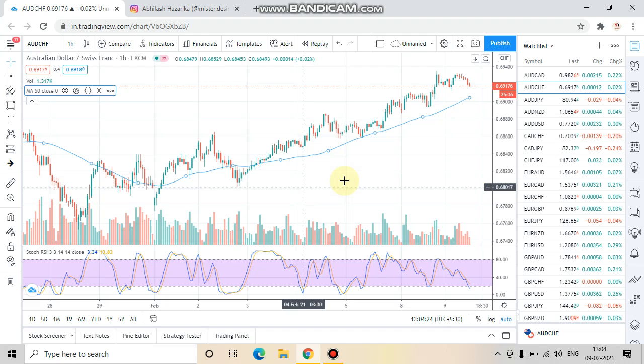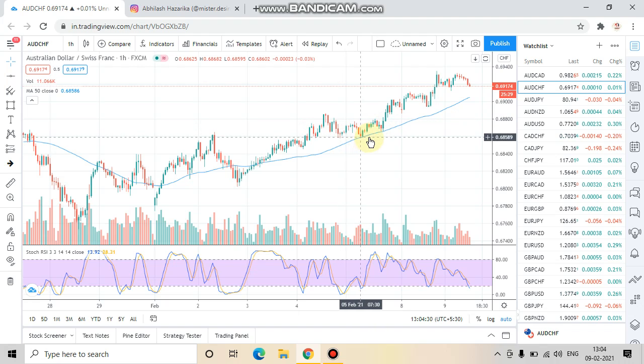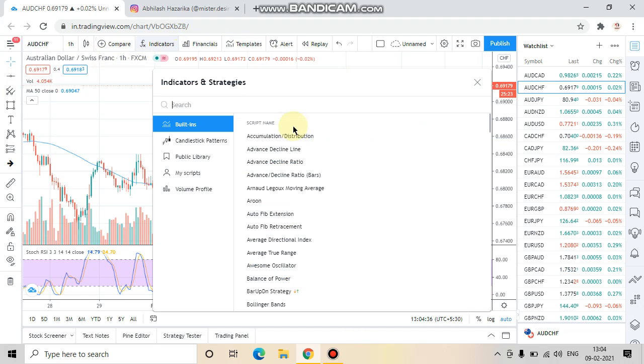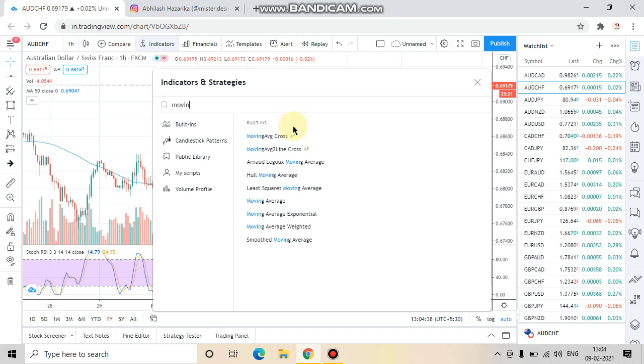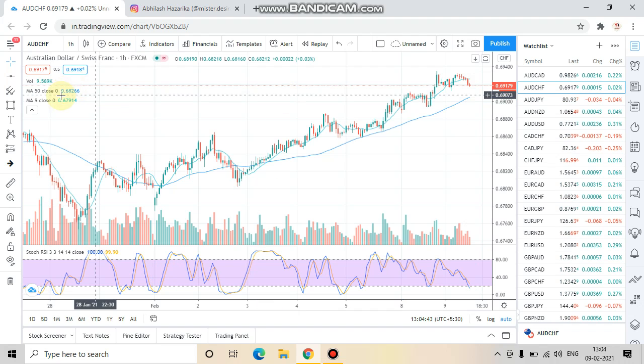Hmm, this is kind of nice. Yeah. Okay. This 50 period moving average is working great here. See, it is taking support, one touch, second touch.